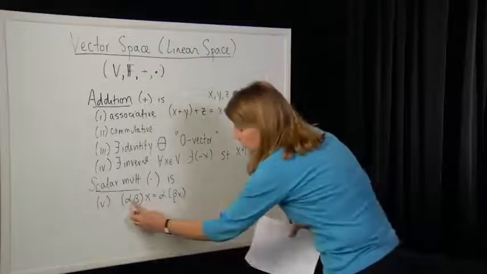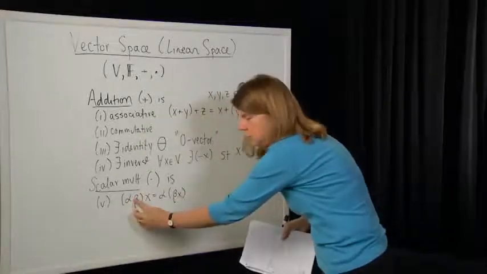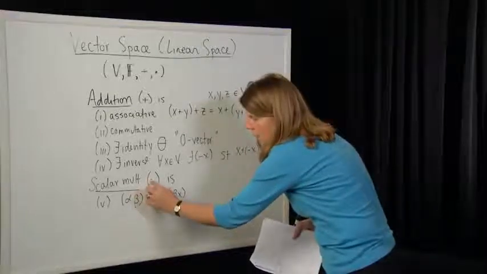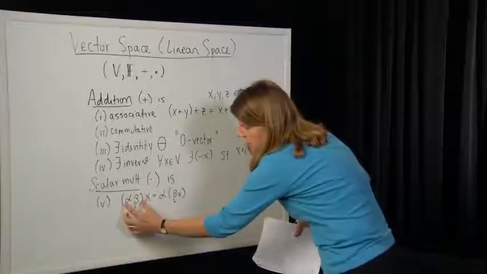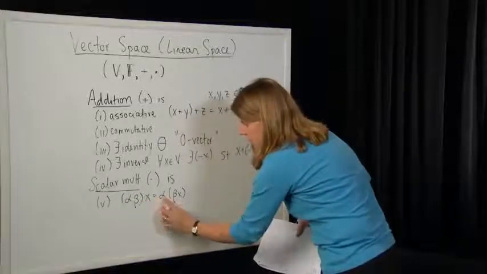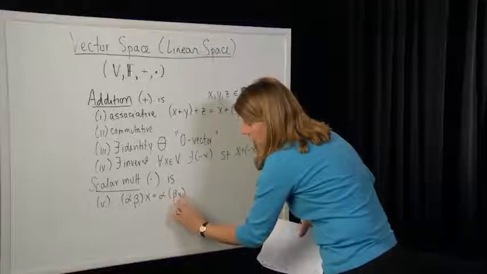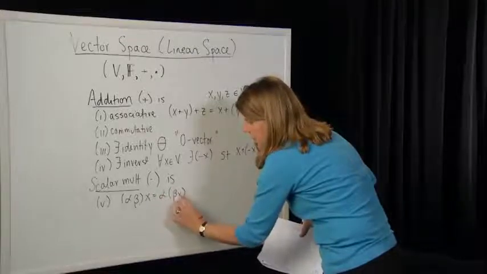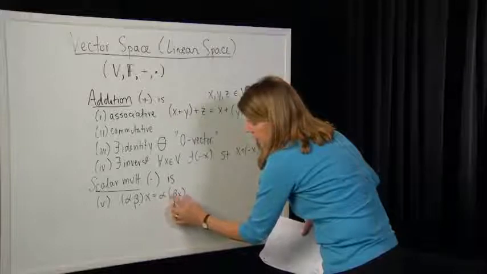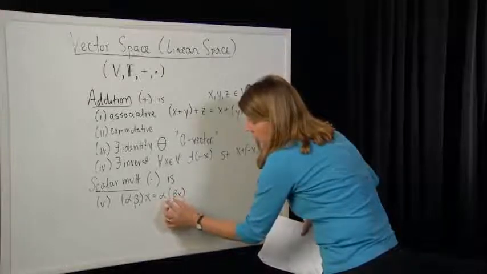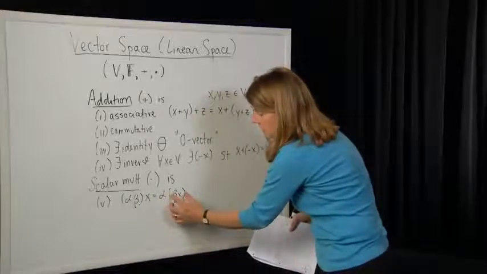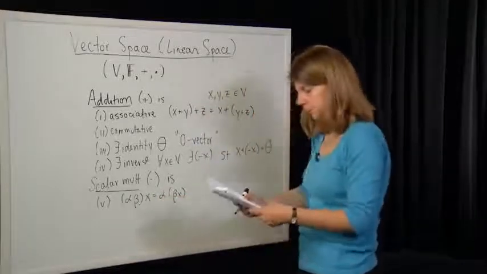Okay, so the operation here is the operation from the field, and the operation here is this operation. So this is multiplying a vector by a scalar. Similarly, here we have the scalar multiplication in the vector space. So we're multiplying a scalar by a vector, and then we take that product and we perform that operation again, multiplying a vector by a scalar.